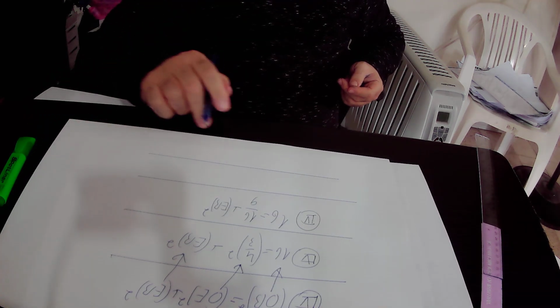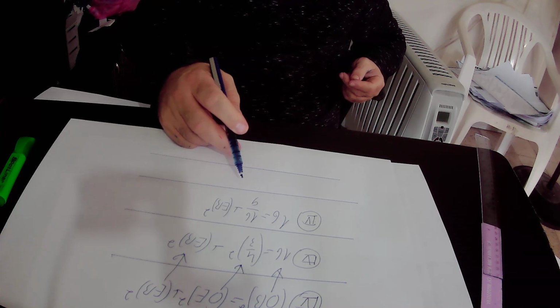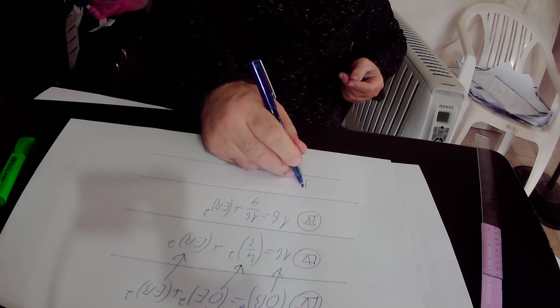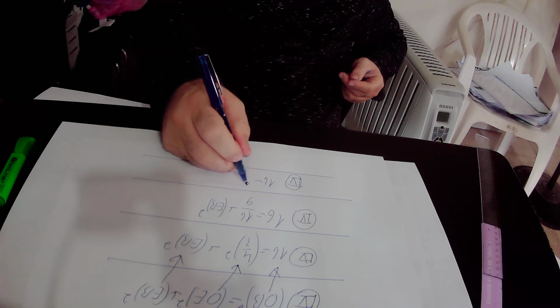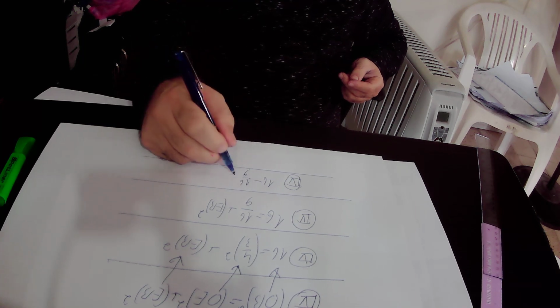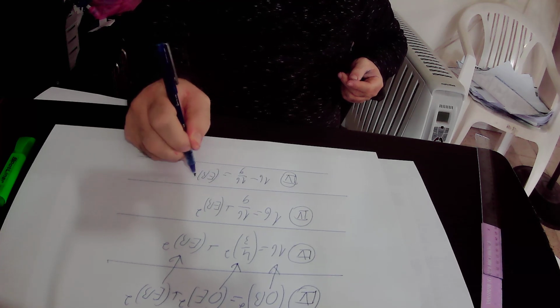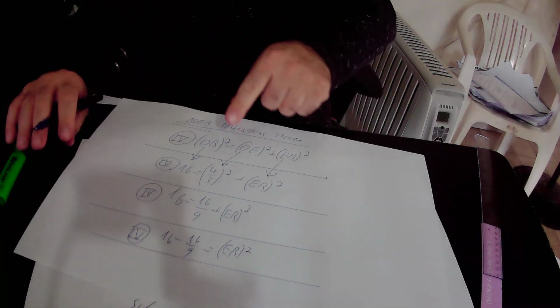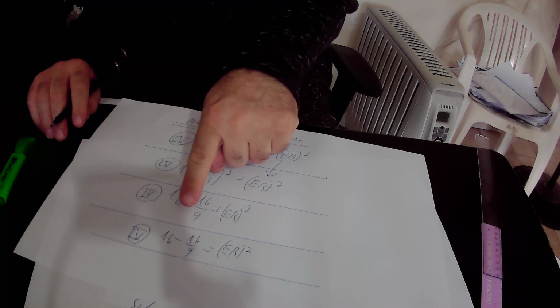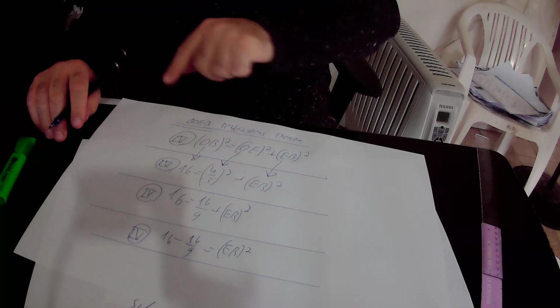Here we will subtract 16 over 9 from this equality and we will get that 16 minus 16 over 9 equals EB square. So here we will multiply 16 by 9 and then divide it by 9 in order to have a common factor with 16 over 9.